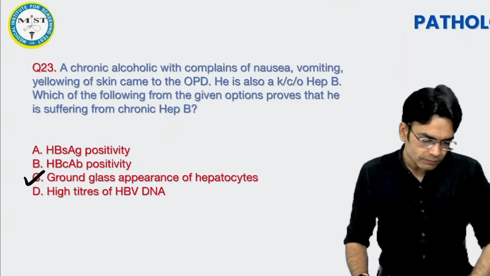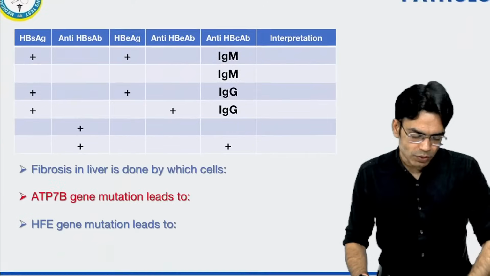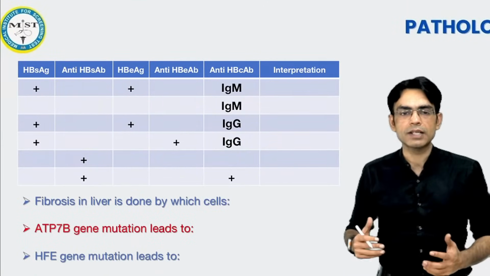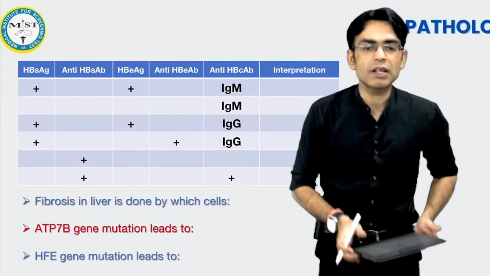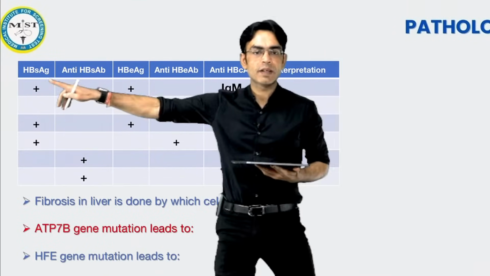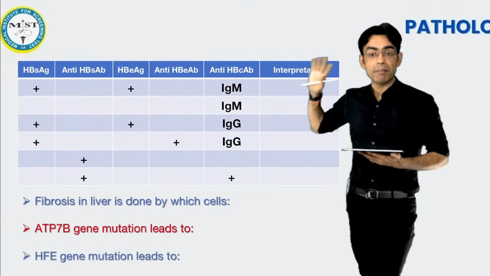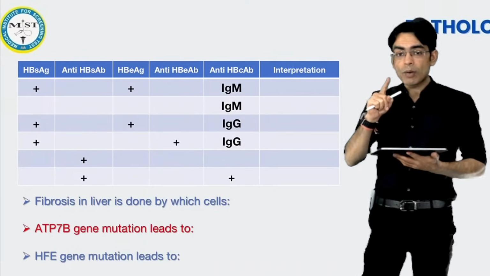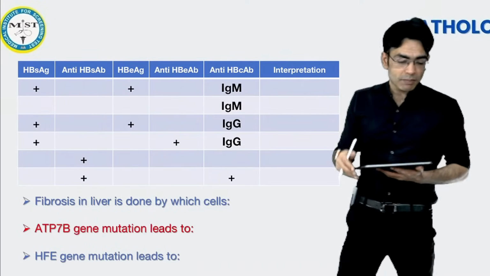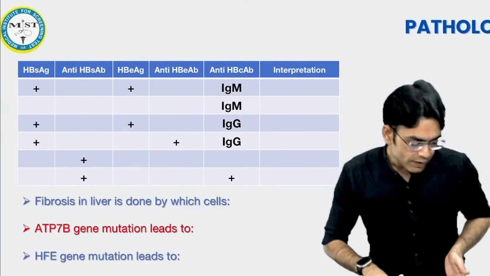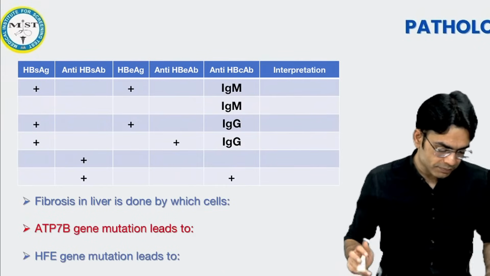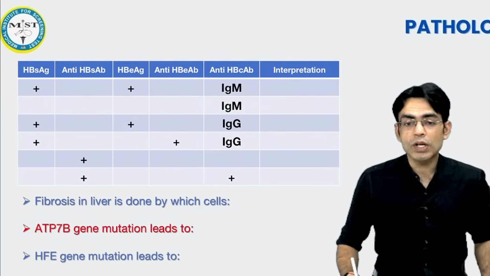ठीक है? चलो ये आप सबको आता होगा, अपन फटाफट कर लेते हैं. Whenever you have surface antigen positive, envelope antigen positive, and the core antibody is IgM. So when the core antibody is IgM, what we have discussed, tell me.